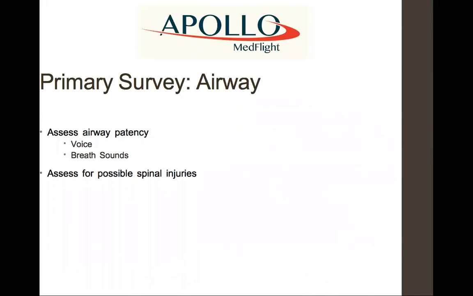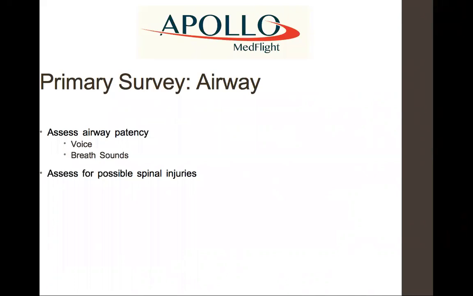We should, as advanced practice clinicians, be able to walk in a room and tell if somebody's having difficulty breathing, whether it be they're in the tripod position, if you have upper respiratory stridor, the high-pitched inspiration, wheezing. Sometimes you can even get some crackles if you have a CHF or pulmonary edema that has progressed enough to have audible crackles. That's what we're going to be doing with the first thing when we see our patient across the room: assessing our airway. Is the patient able to maintain it?